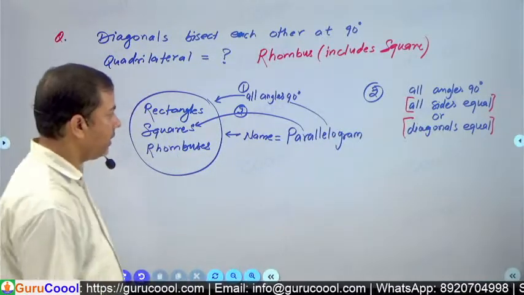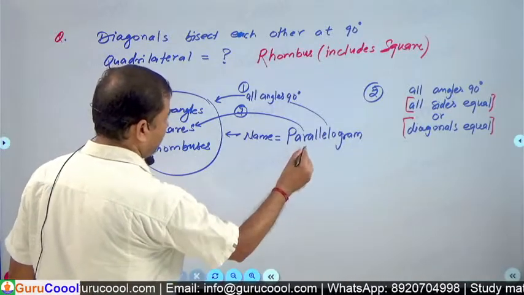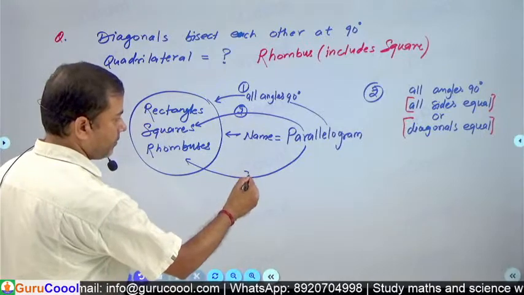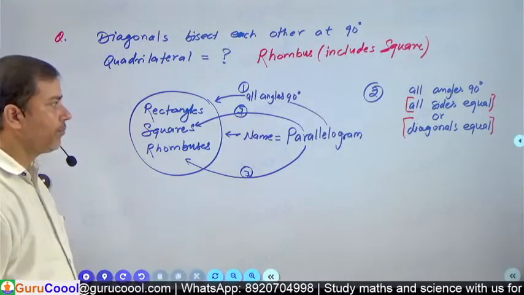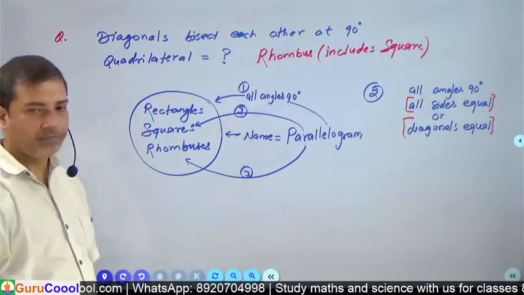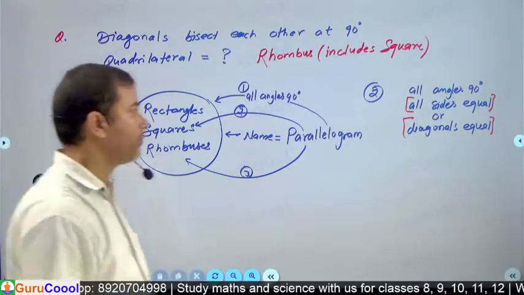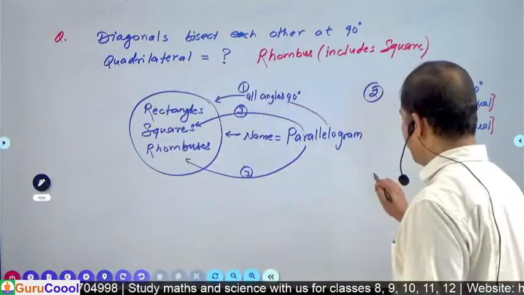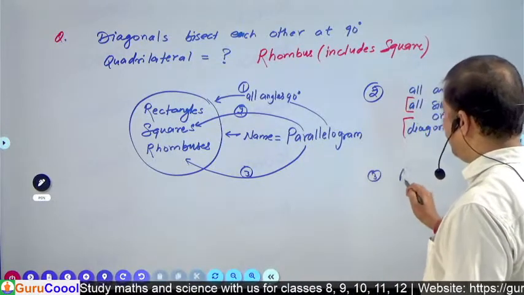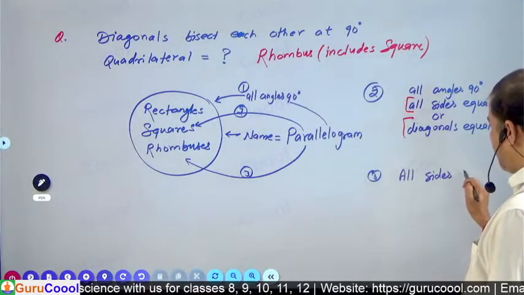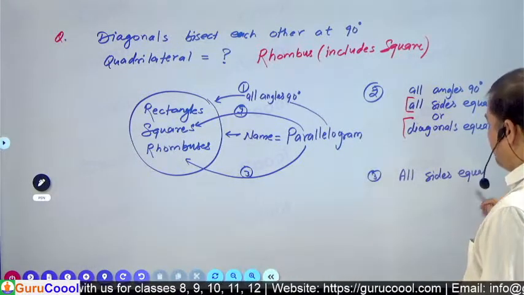Okay, similarly, a parallelogram can become a rhombus by following which property? Sir, all sides equal. All sides equal? That's right. Yes, sir. For number 3, all sides equal.